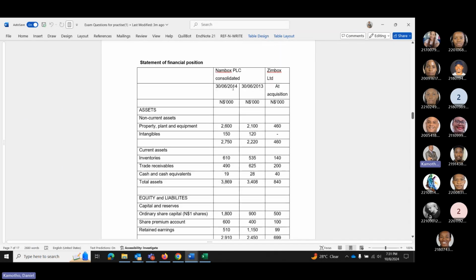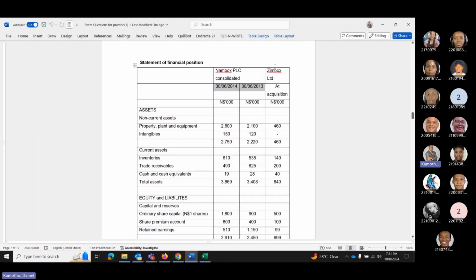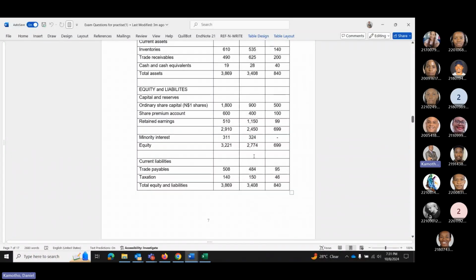Both are there: this is last year and this year, and Zbox, the one that was acquired during the year. Remember, they have said it has a number of subsidiaries, except that one of them was acquired during the current financial period. And then it tells you a number of things here.